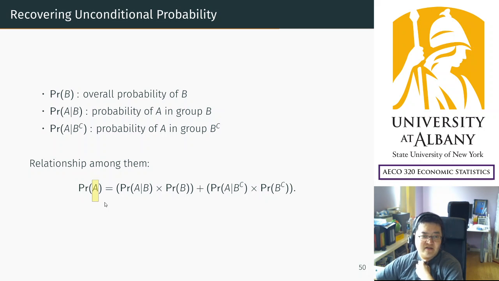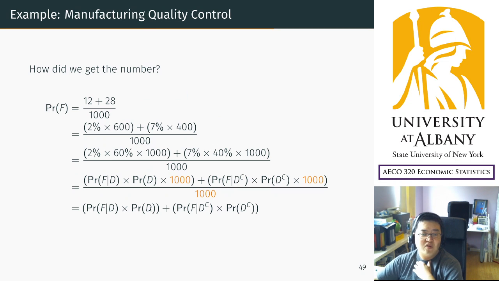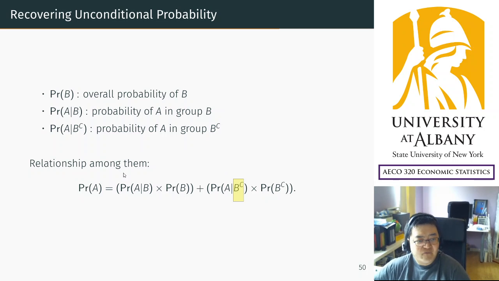A means defective, B means domestically produced, B complement means imported, right? If you match one to one, then it's exactly what we have. I just used different notation for the general formula. For any A and B, we have this rule. There is no specific name for this rule, but still it's very useful.